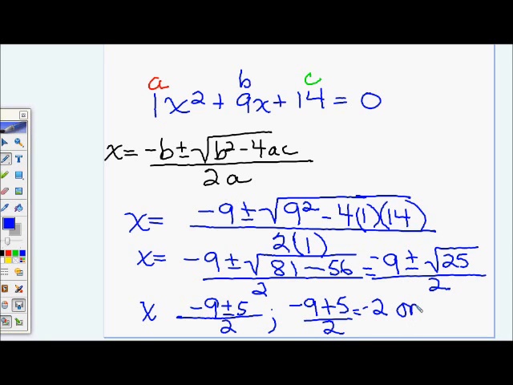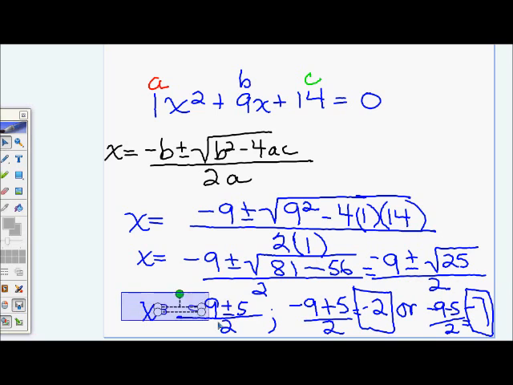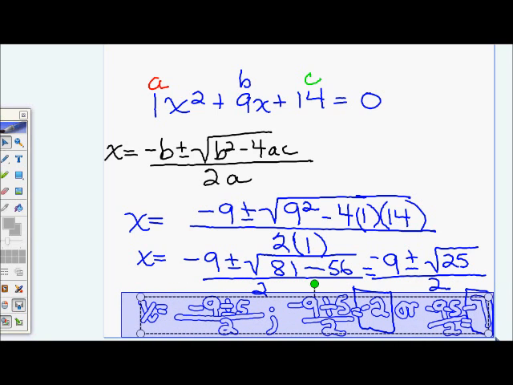Or our other answer could be negative 9 minus 5 over 2, which would be negative 14 over 2, which would be our negative 7. So our x terms are going to either equal negative 2 or negative 7. And if you remember, that means that's where our parabola is going to cross the x-axis.